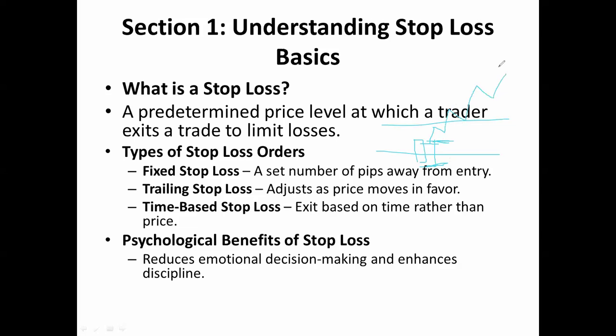So as it moves further up in your direction, you can move your stop loss again to another level, and once it moves further up, you can move your stop loss like that. That is a trailing stop. You are trailing the price action so that when it eventually comes and breaks this structure here, then you're no longer interested in that buy.